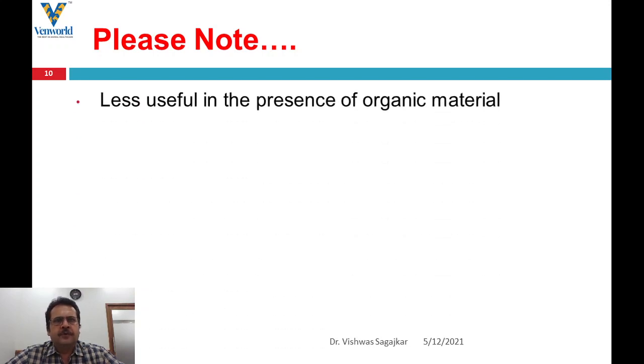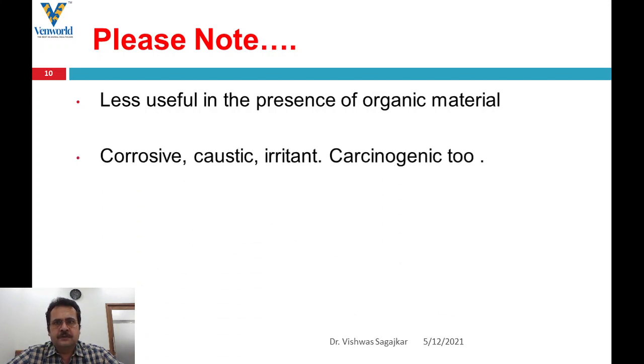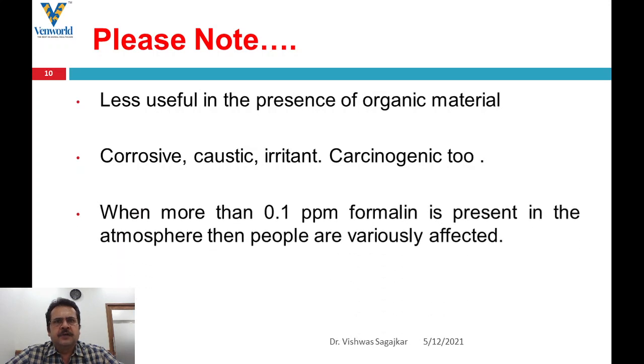But we have to note a few points about formalin. It is less useful in the presence of organic matter. Its efficacy is at stake when organic matter is in large amount on the surface or area where it is used. It is highly corrosive, caustic, irritant, and carcinogenic also.